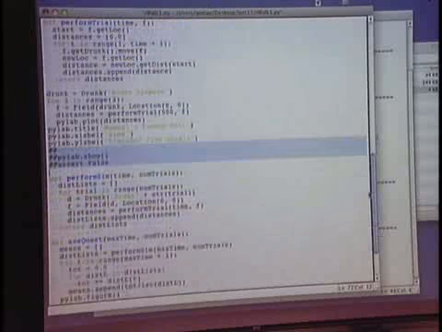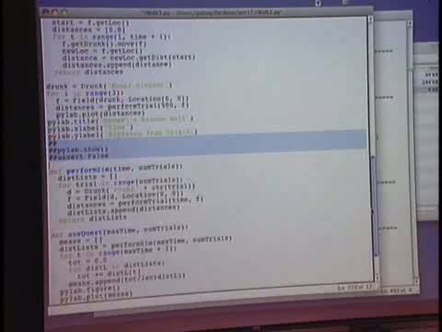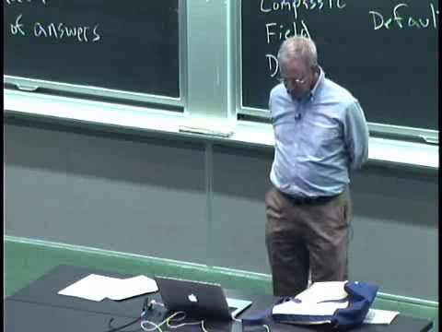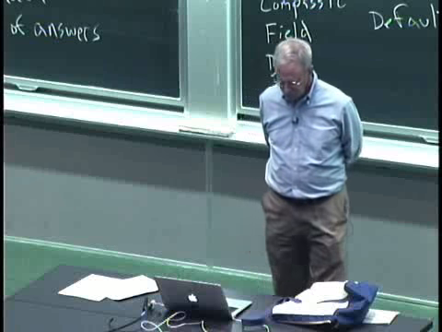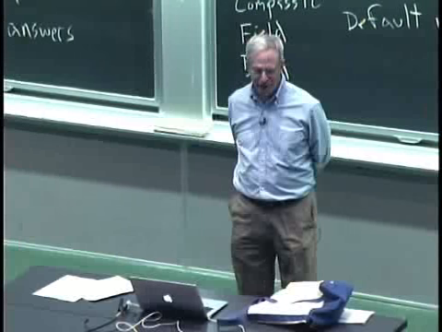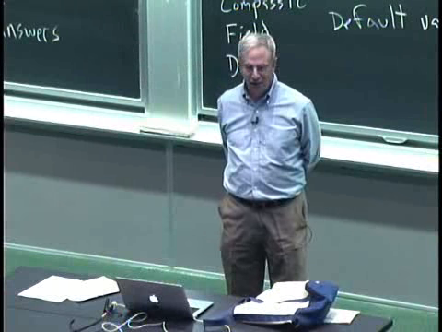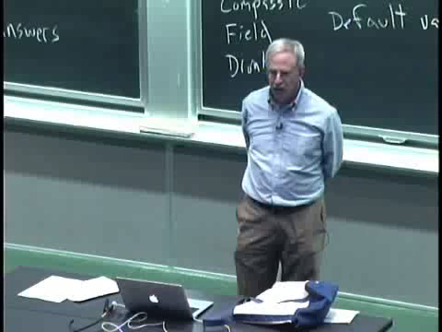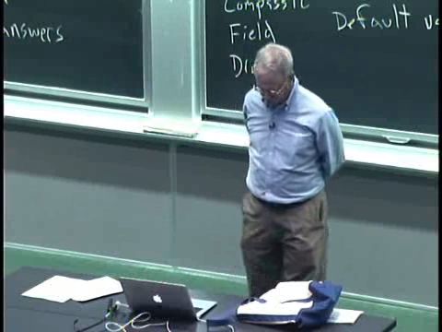I'm going to write a function called perform sim. And what that does is it takes the time and the number of trials that we wanted to do. It takes dist lists equals the empty list to start with. And then it is basically going to call perform trial, the function we already looked at, over and over again, and get a whole bunch of lists back, a list each time it calls it, and then compute an average.